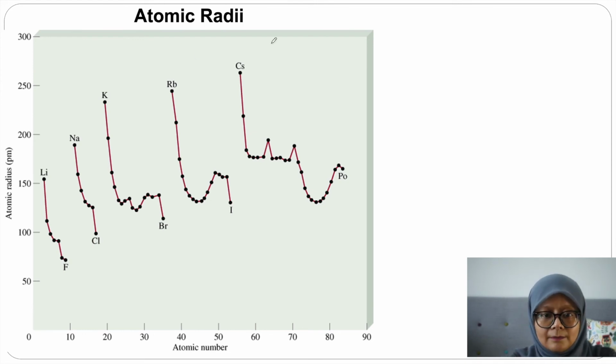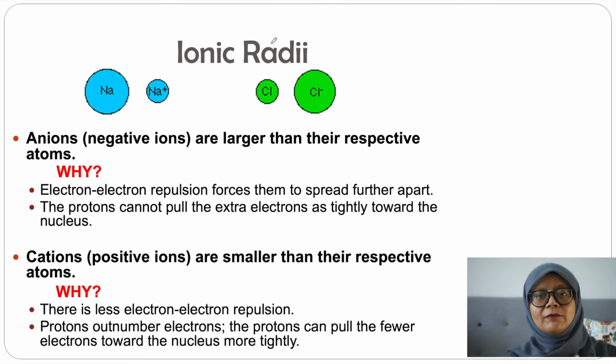And then, we have discussed the atomic size, and what about the ionic size. This is what I have explained to you in part 2. What happens if you have a parent atom and also an anion and also a cation.